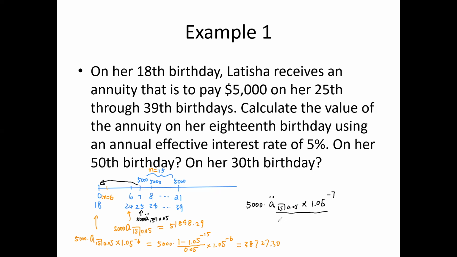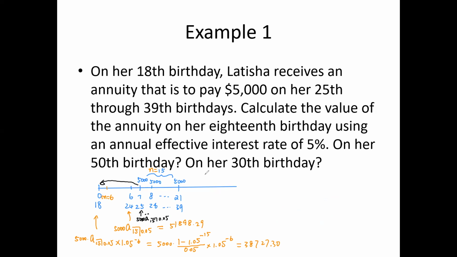This is exactly a without two dots times 1.05 to the negative 6, because this quantity equals the annuity immediate multiplied by 1.05. But then you have 1.05 to the negative 7, so you cancel one of them and get 1.05 to the negative 6. Okay, so this is the present value at her 18th birthday.